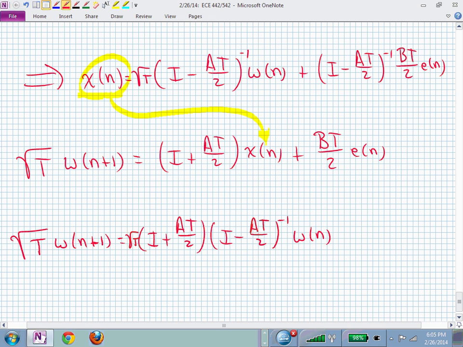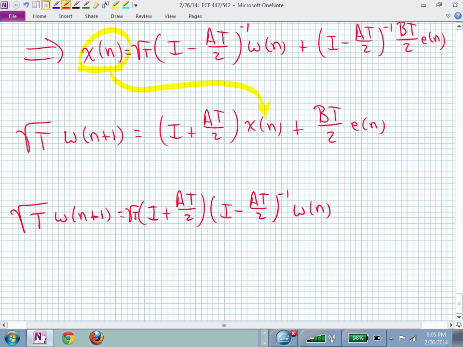Meaning, I now have this plus I plus at over 2 times I minus at over 2 inverse bt over 2 e of n.